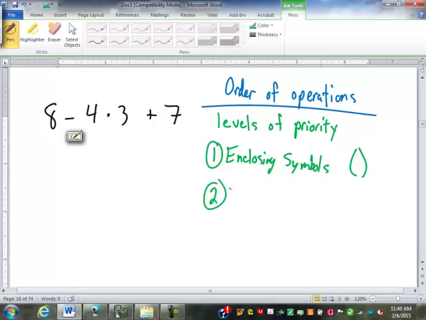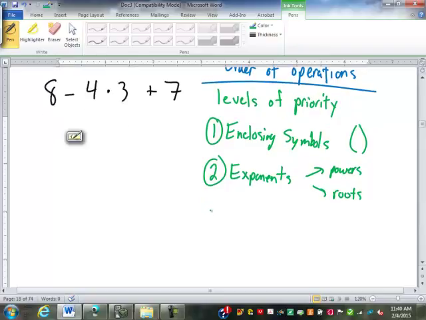Second is exponents. Exponents, of course, include powers and roots. Third, multiplication and division. Remember, multiplication and division are the same operation, just different approach to the same operation, so they happen on the same level of priority.